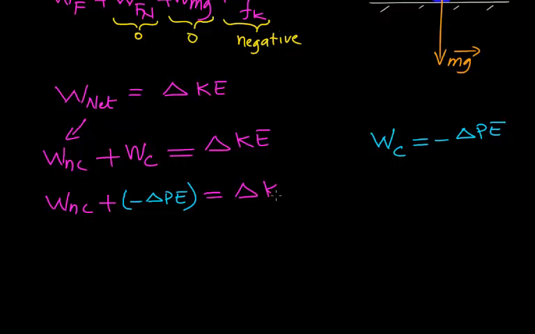Now, let's move the like terms to one side of the equation. Leave the WNC on one side. What's going to happen now? Delta KE, and the delta PE, when you move it to the opposite side of the equation, becomes positive. And here is another equation.